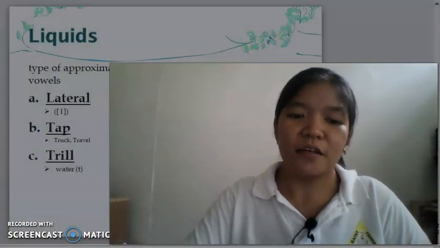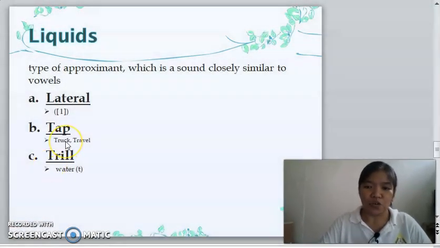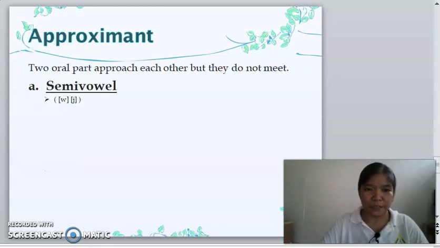When you read this letter as truck, then tr, or water, the t sound, which becomes likened to R when you recite the word water, is called trill. So, tap, repetitive, paulit-ulit. Trill, only once. So, that is liquids. Now, let's move on to approximant.